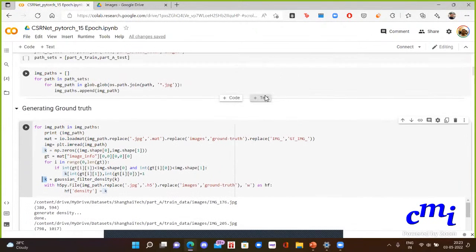As we have shown in the slides, if there is a head at pixel xi, then we represent it with the delta function delta of x minus xi, convolved with the Gaussian kernel G of sigma.